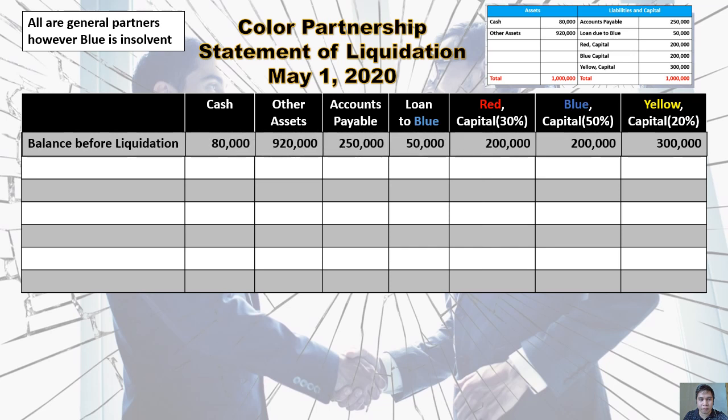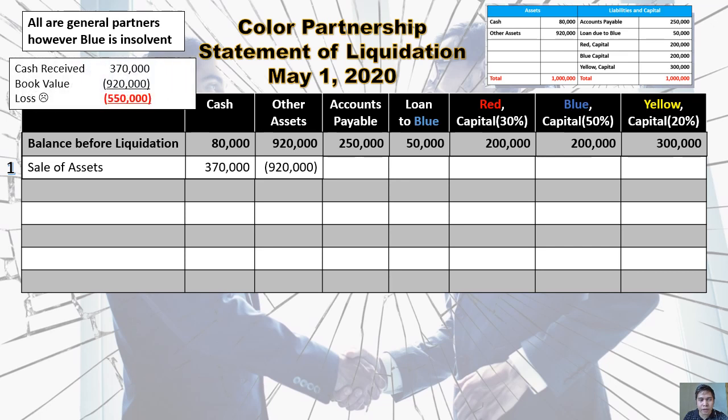So let's prepare the statement of partnership liquidation. Balances before liquidation: cash 80,000, other assets 920,000, accounts payable 250,000, loan to Blue 50,000, Red capital 200,000, Blue capital 200,000, Yellow capital 300,000. So the assets were sold at 370,000 pesos. Then the carrying value is 920.